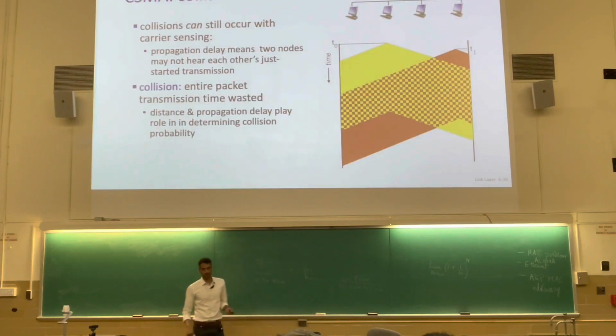If there were no collision, whatever collision resolution protocol you're using, eventually the idea is that one node gets the channel, and that's the only node that gets the channel. No other node is transmitting, right? So eventually you want to get to a point where this kind of interference doesn't happen.